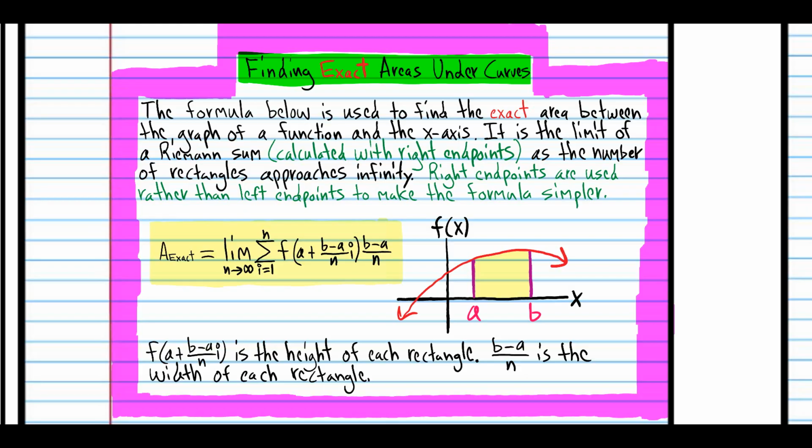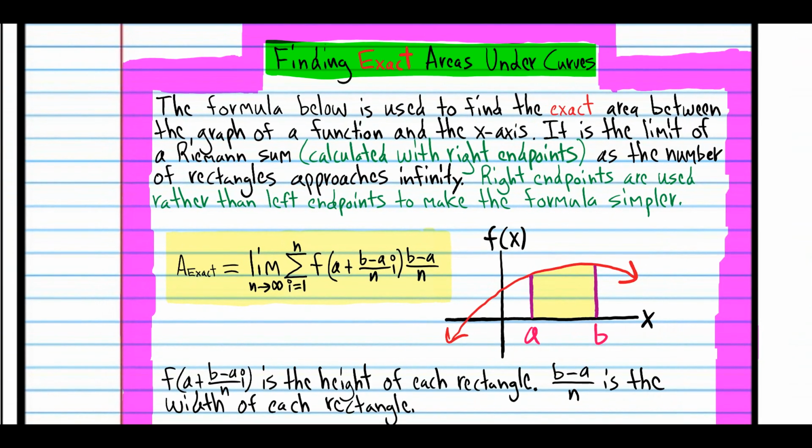So we learned this expression here for estimating the area under a curve using a certain number of rectangles, right? N rectangles. N might be 5, N might be 1,000, but N is an actual number, right? That we just plug in some number.